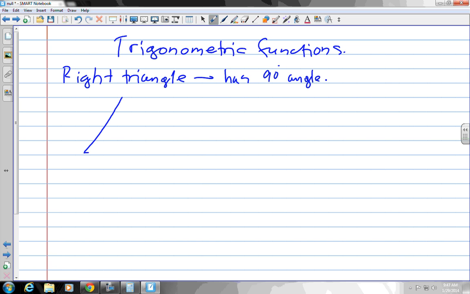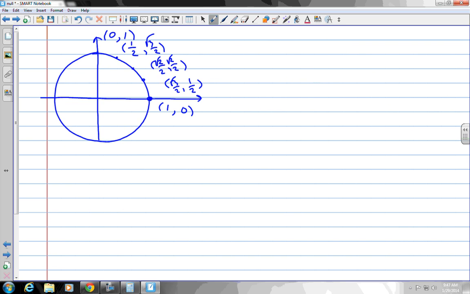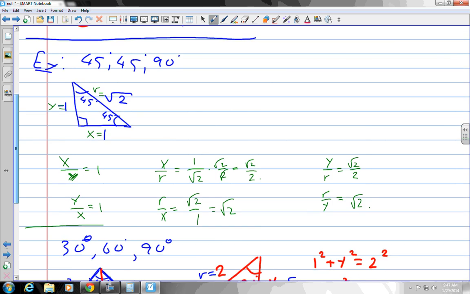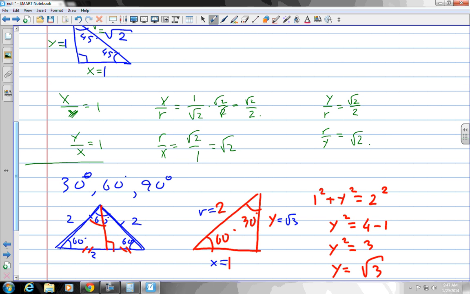There are going to be 6 major ratios. When I did 45, 45, 90, I computed 1, 2, 3, 4, 5, 6 ratios, just dividing each pair of sides. So I want to define all those ratios.